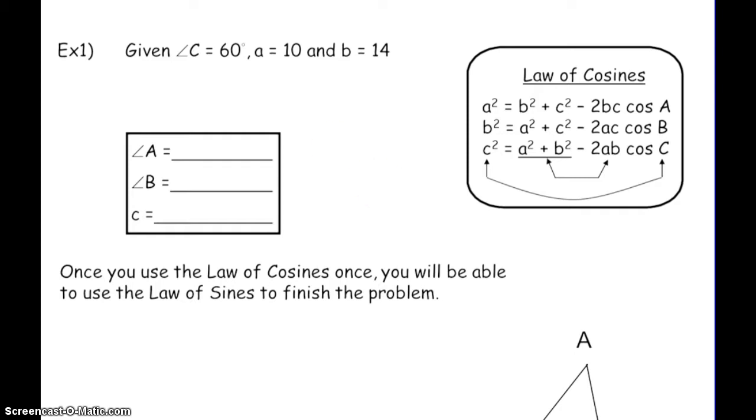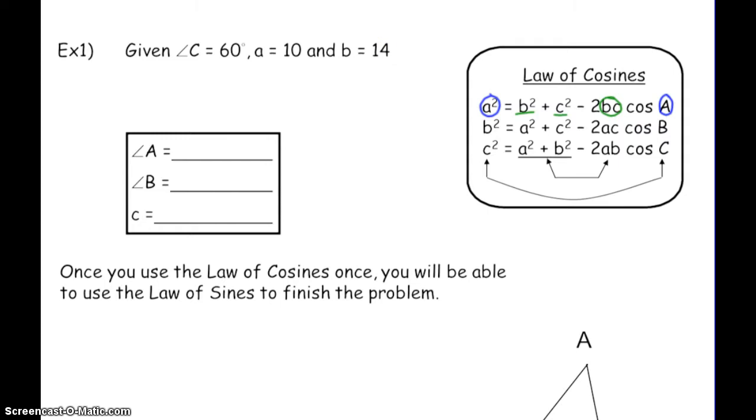Notice that the angle I'm using is the same as the side that I start with on the left. So if I'm using angle A, I use a squared first. If I'm using angle B, b squared, C, c squared. The other two parts, so if I'm using angle A, then the other two sides, b and c, are going to be the two that I use in that middle section.